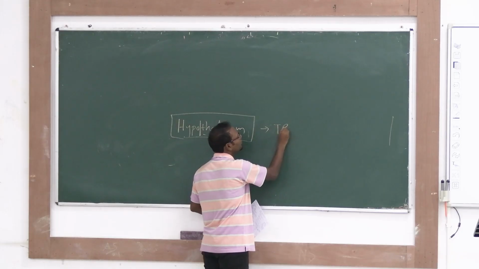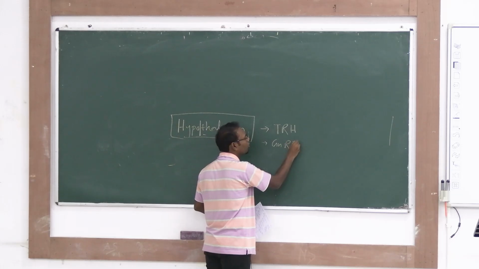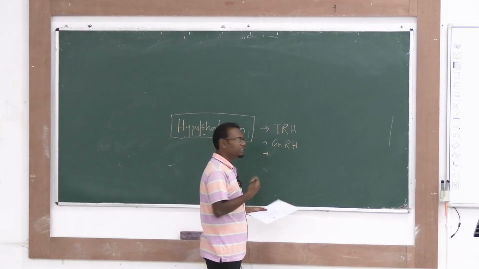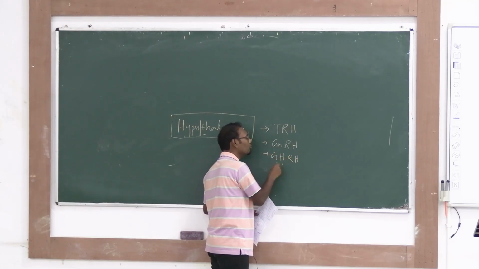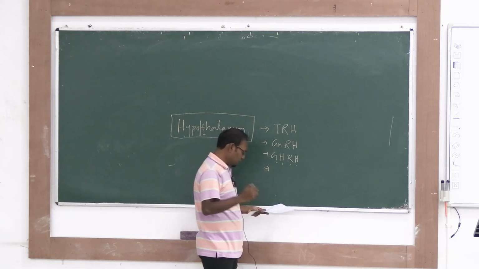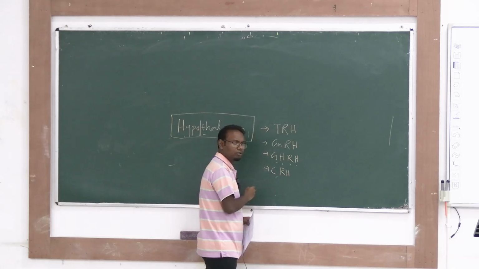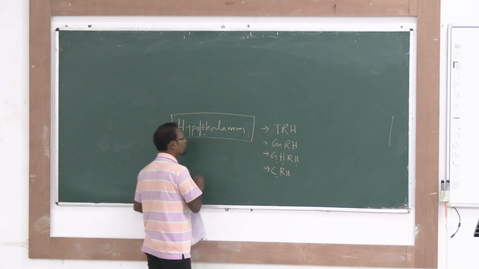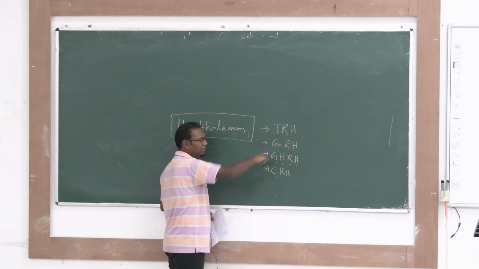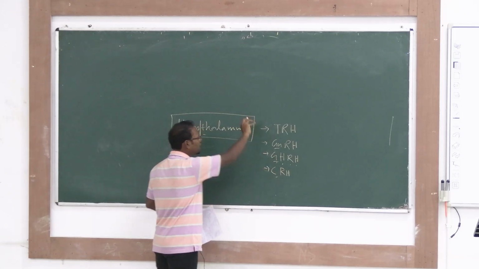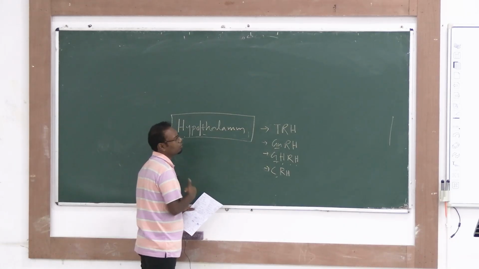One I have already written: thyrotrophin releasing hormone. Second is gonadotrophin releasing hormone. Third is very important, GHRH, growth hormone releasing hormone. Finally, there is another, CRH, corticotrophin releasing hormone. Thyrotrophin, corticotrophin, gonadotrophin, they are named such, and this one is growth hormone. So they are releasing hormones; they get into the pituitary and then the trophic hormones are released.